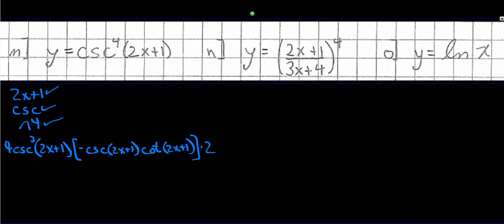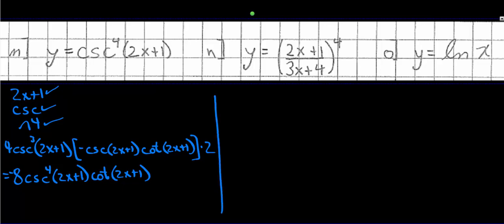And then you can go ahead and simplify this. You get negative 8 cosecant to the 4th, 2x plus 1 times cotangent 2x plus 1. Yeah, we can do that. Put them together.